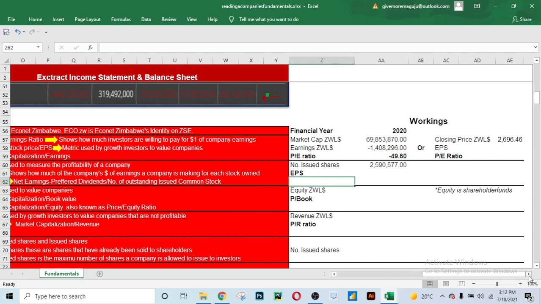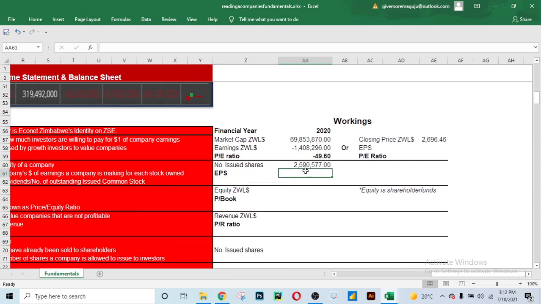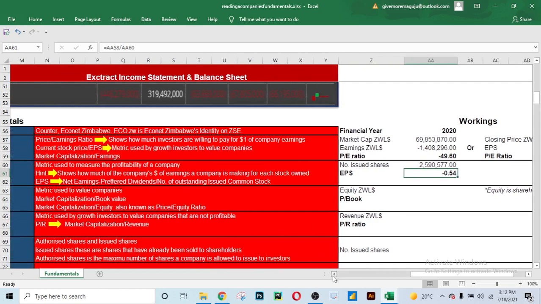So to calculate earnings per share, we say earnings. So in this case, negative earnings minus there were no dividends, because we cannot pay dividends from a loss. Okay, we need to understand that. So earnings, we divide it by the number of issued shares. Perfect. Okay, so as you can see, we have got negative 54. Right, negative 54. So let's just go back and check and see.